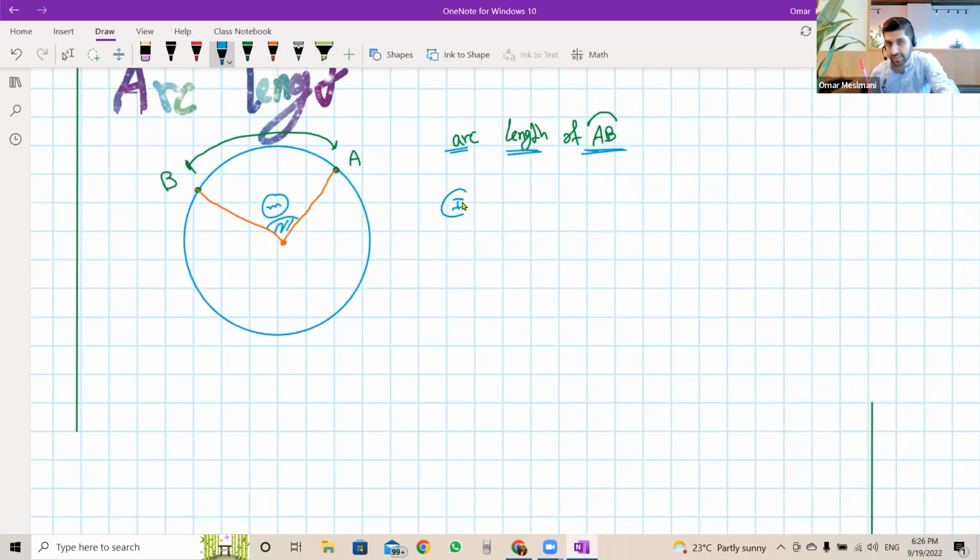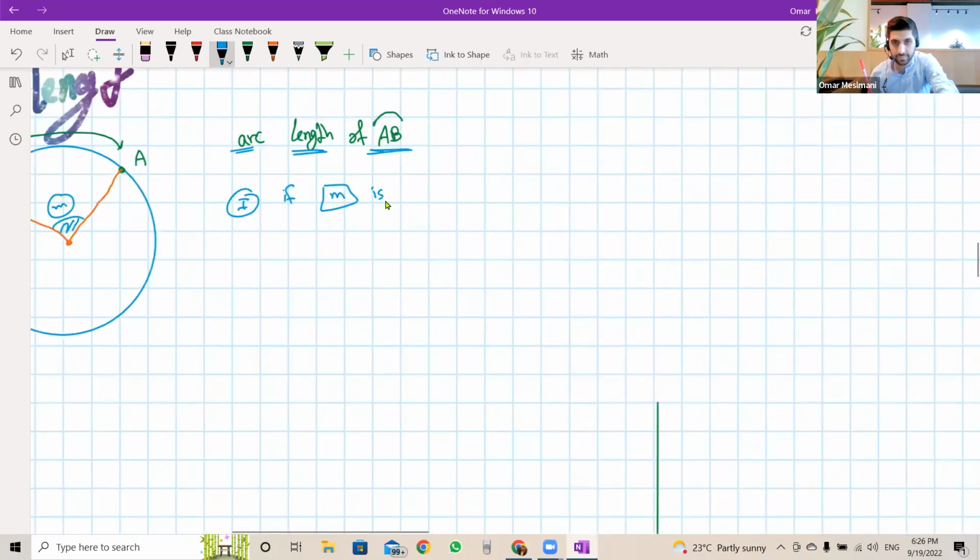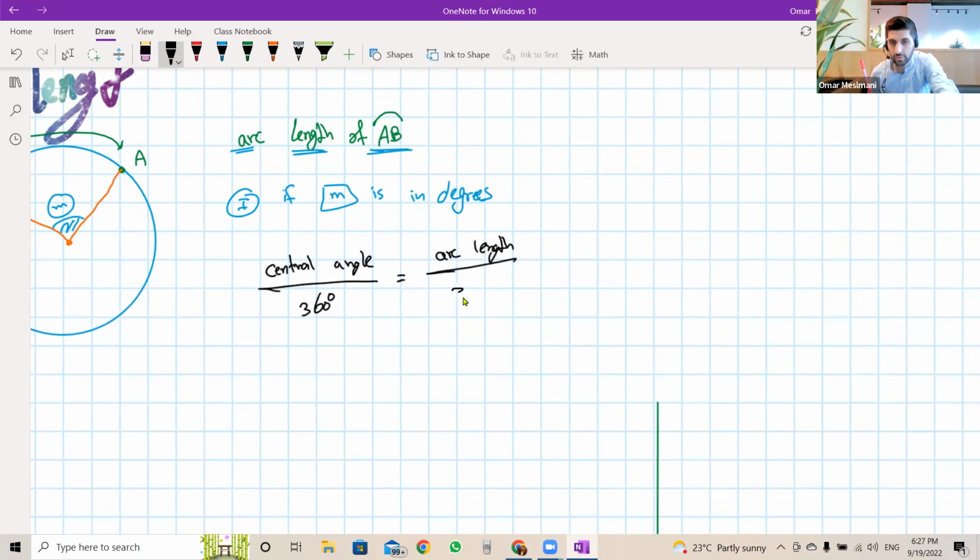The first case is if the central angle M is in degrees. If it's in degrees, use this formula: the central angle over 360 degrees equals the arc length over 2 pi r.